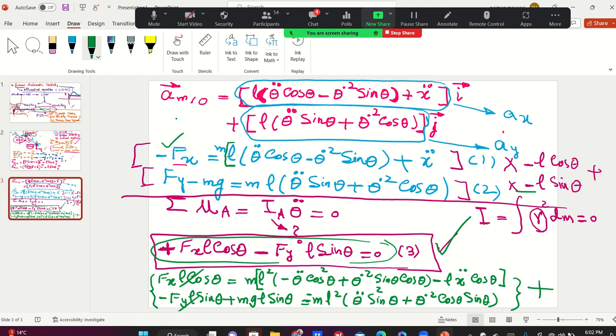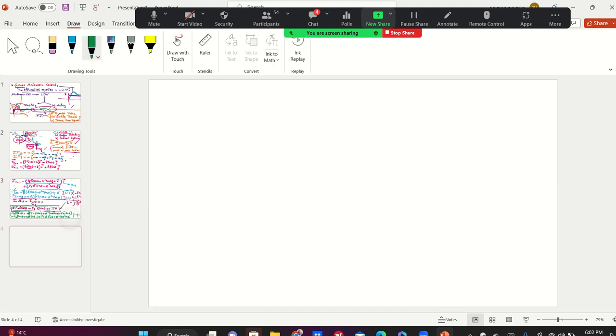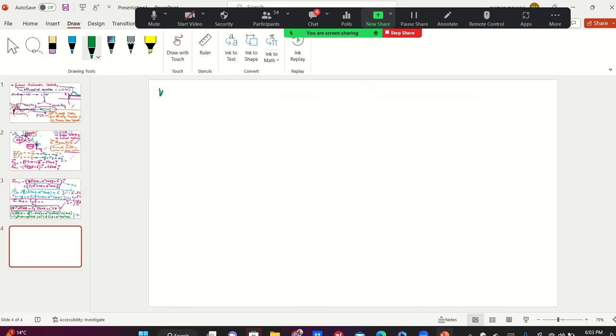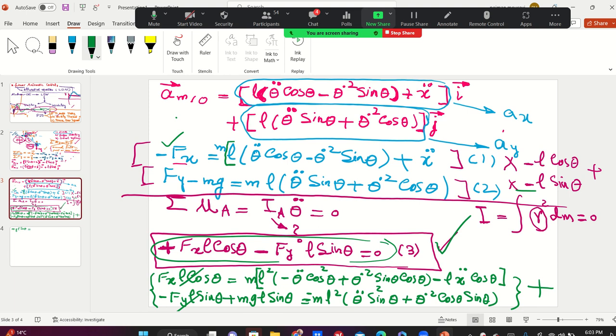So from the left hand side, don't write, I'll give you time, okay? Don't worry. From the left hand side, remaining is mgL sine theta. Now you can write it down. Let me know when you are done.